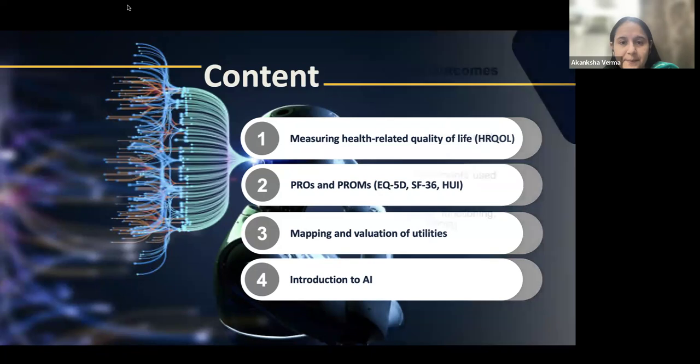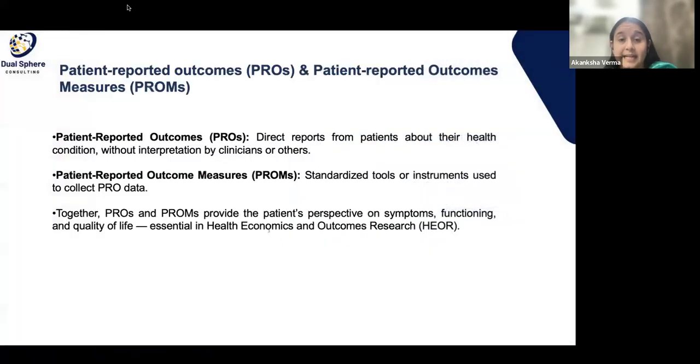Next slide, please, Richa. Okay, starting with what PROs and PROMs are. Basically, these are patient reported outcomes. PRO stands for patient reported outcomes, and PROMs are the measuring tools of those outcomes, patient reported outcome measures.